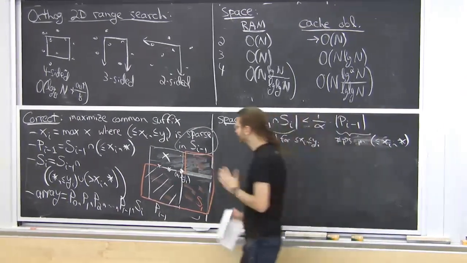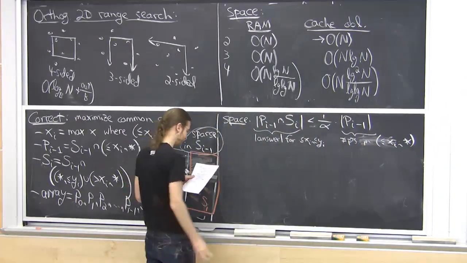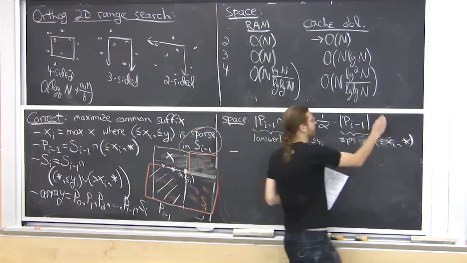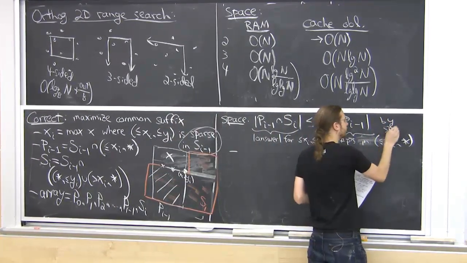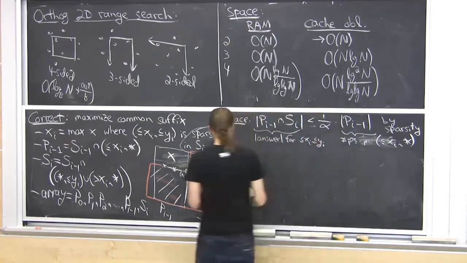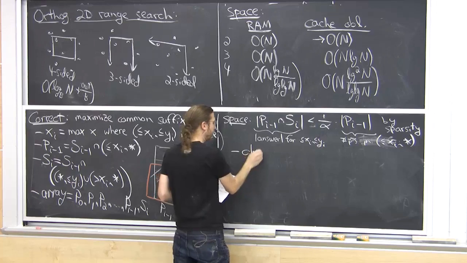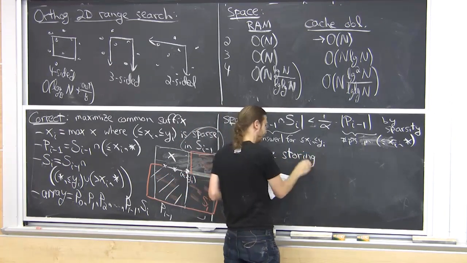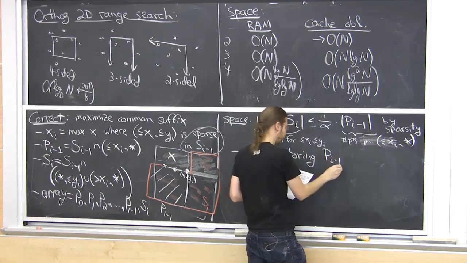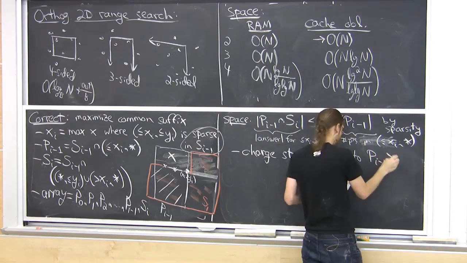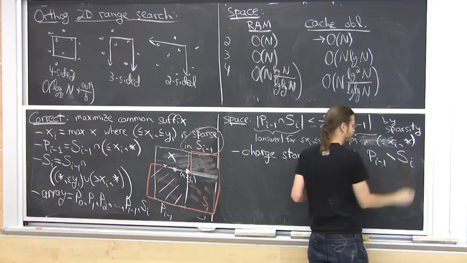Okay, the claim is it's a good thing. Here's a charging scheme. So this is by sparsity. So I'm going to charge storing P_{i-1} to P_{i-1} minus S_i.